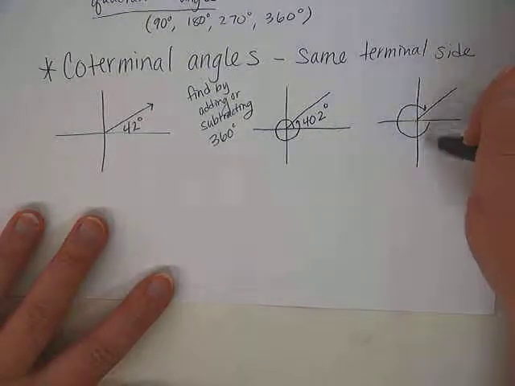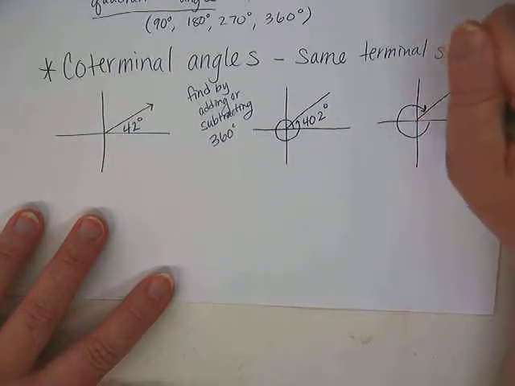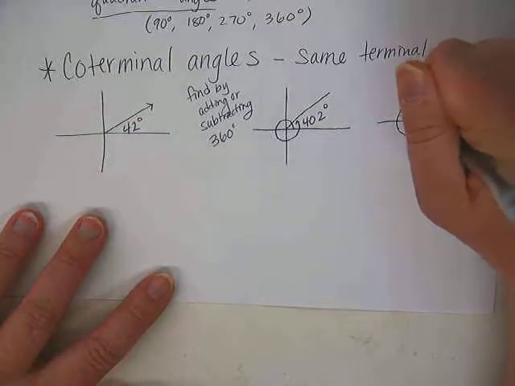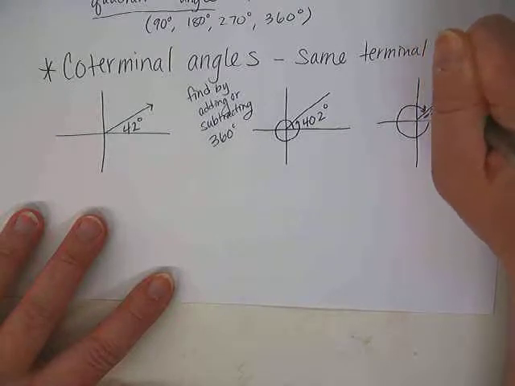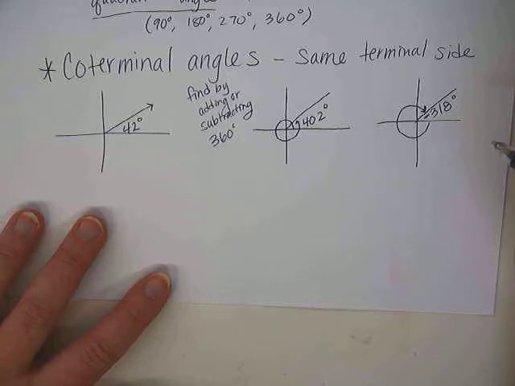So take 42 and subtract 360. What angle would it be if we go backwards? 318 degrees, right? Actually, negative 318. Because we went backwards.